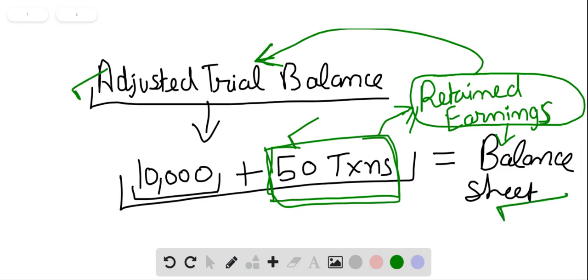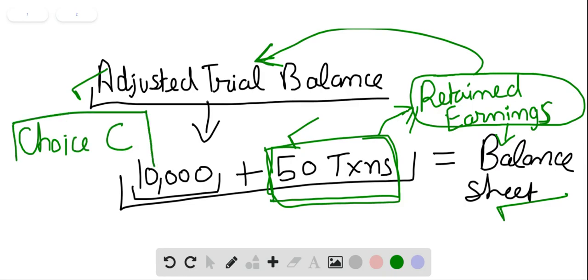So retained earnings is the account which will have a different balance on both the statements, and that matches with choice C in the current question. So the correct choice is choice C.